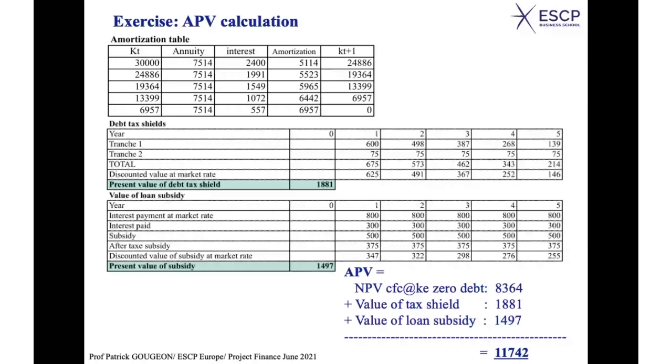So we are going to consider that tranche 2 normally would cost not 3%, but 8% similar to the first tranche. That's why here I'm discounting all these tax shields at the same 8% rate. And you find this amount here. So you have a present value of the debt tax shield, which is 8,081.